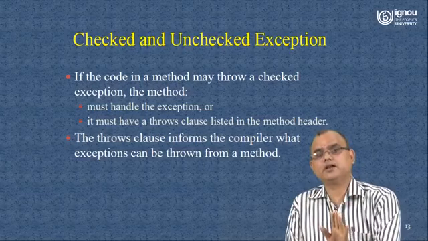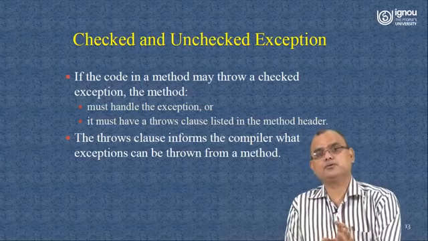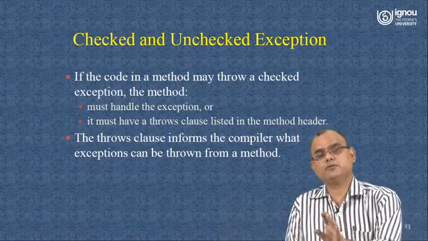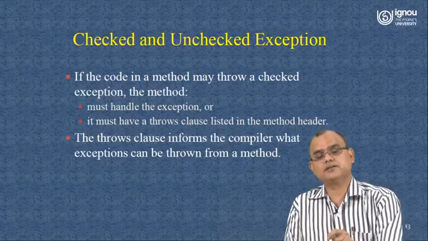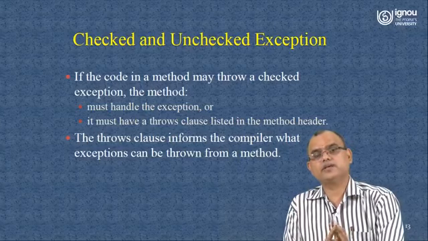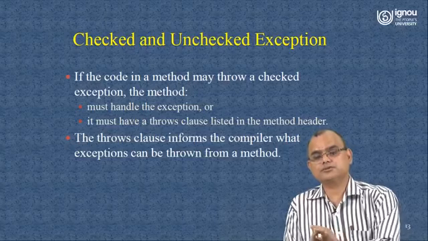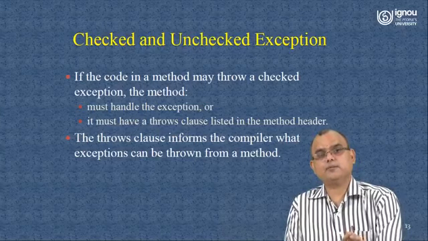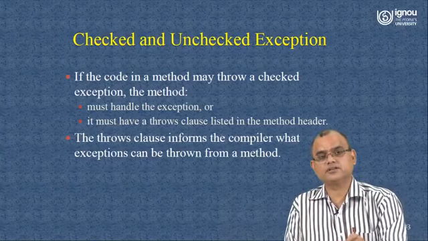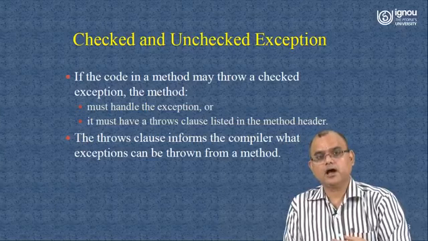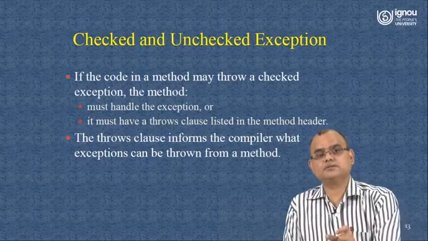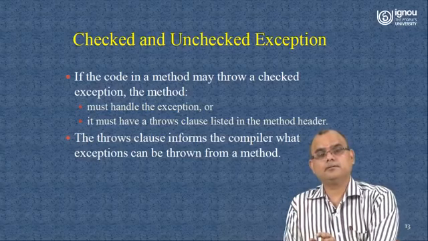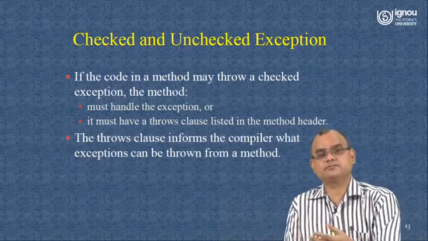So if we are going to implement a specific method, and we know that this method has certain code that is expected to throw some exception, then either we have to handle that exception by using the try catch mechanism, or we can use the throws keyword and write the exception class name, and we can write more than one exception class name, just comma separated.